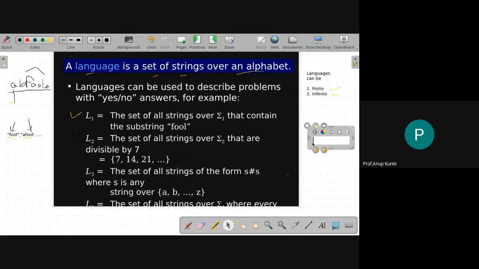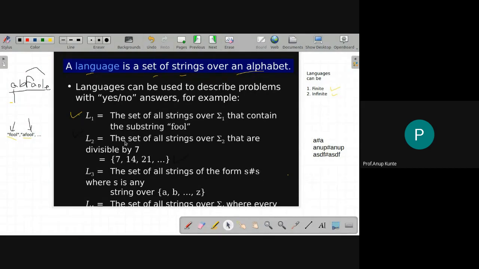So suppose I have A hash A, or maybe my name hash my name, or maybe something like SDF hash SDF. All these things are of the form S hash S.